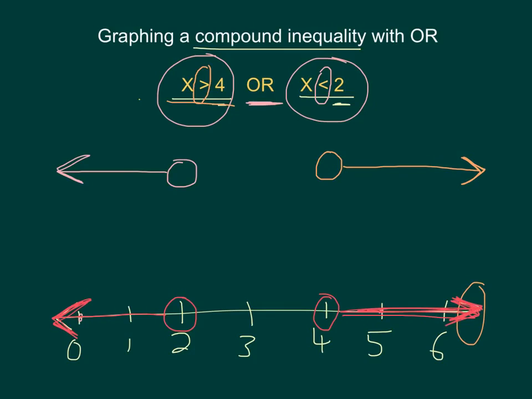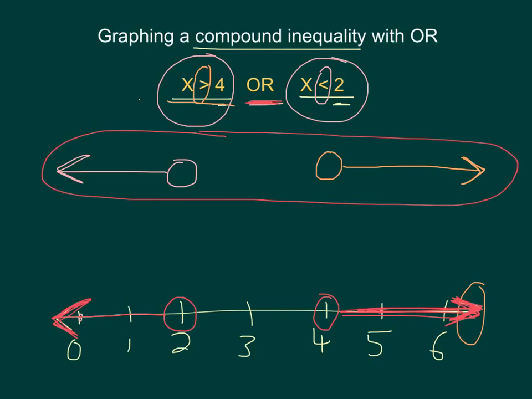So when I have the word OR, I take everything from both my lines and I put it on my number line. Some people say the OR looks like oars, like I'm in a rowing boat and I have oars. And that's how they remember it.